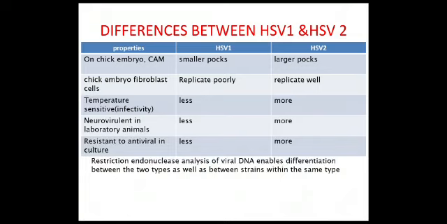The infectivity of HSV2 is more temperature sensitive, and it is neurovirulent in laboratory animals and also more resistant to antivirals in cultures when compared to HSV1. Another method which can differentiate between these two is restriction endonuclease analysis of viral DNA.